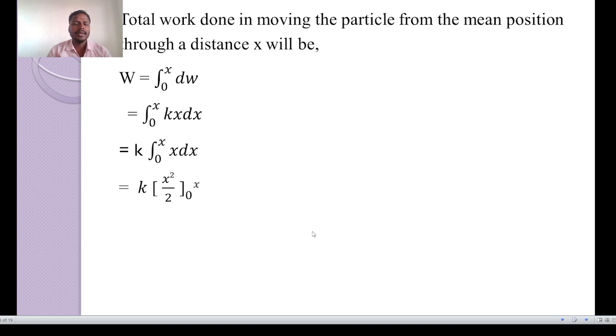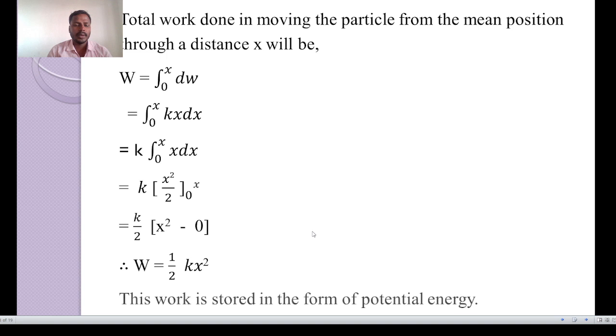We know that the integration of x is x square divided by 2. Therefore, w is equal to k x square divided by 2 from lower limit 0 to the upper limit x. Now putting the values of the lower limit and upper limit, we can write k divided by 2 x square minus value of the lower limit is 0. Therefore, work done is equal to 1 by 2 k x square.